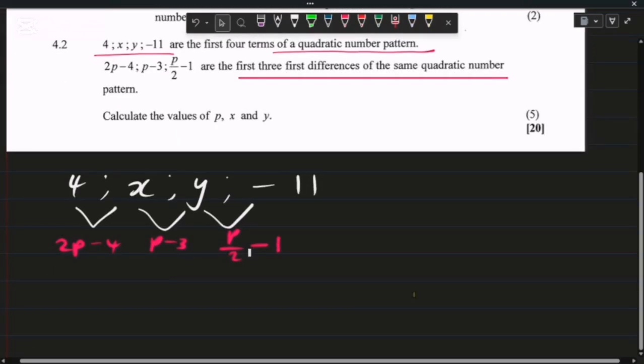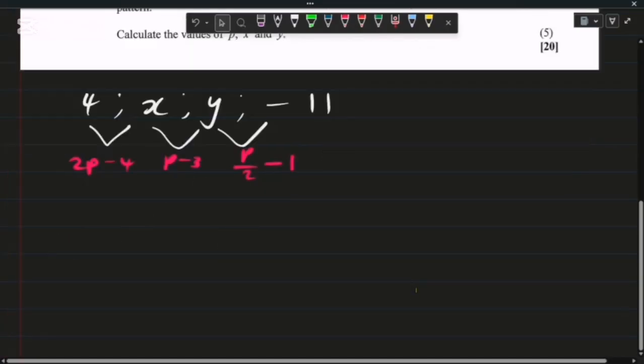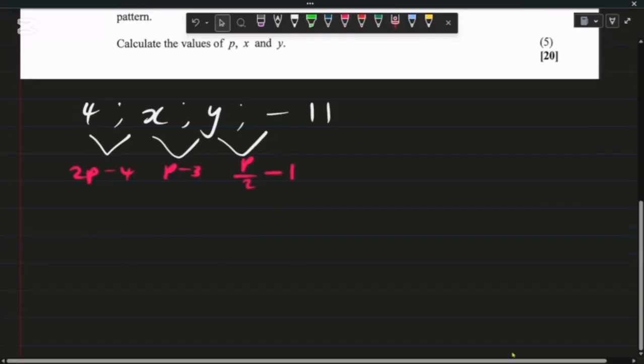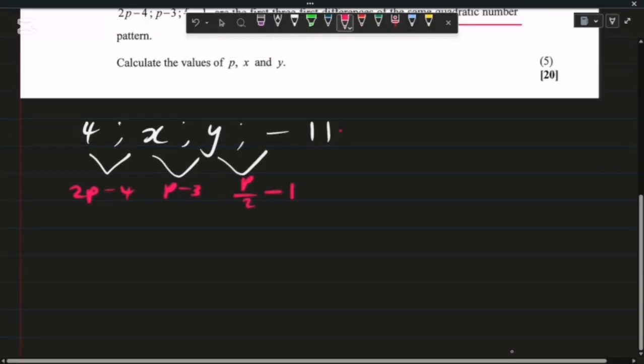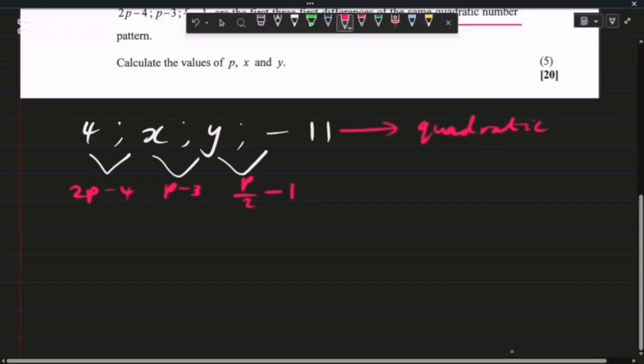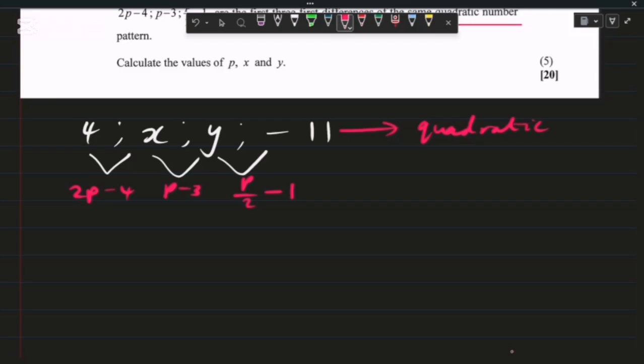So this is very interesting. What do we know? We know that this is a quadratic pattern, so that's given. By that information alone, we are expecting that the second differences will be constant or the same.